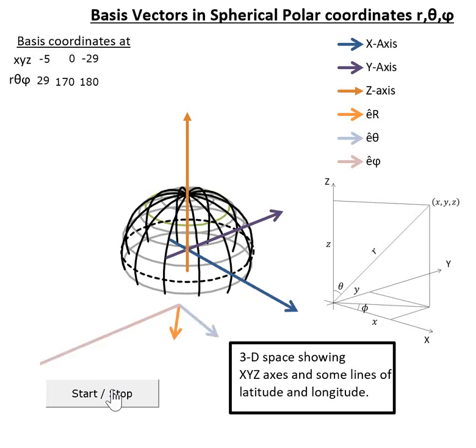And the theta vector is still always pointing downwards, so as we go over the top it has to do that flip. Both those vectors have got to do that flip as you go over the north or south pole.